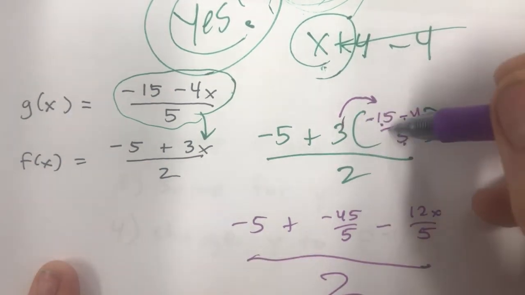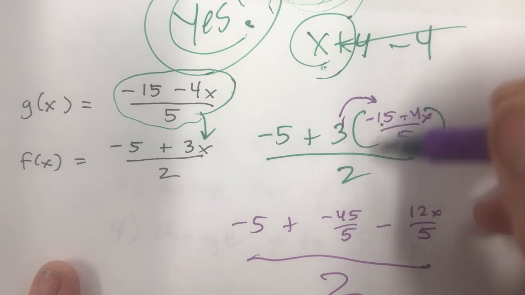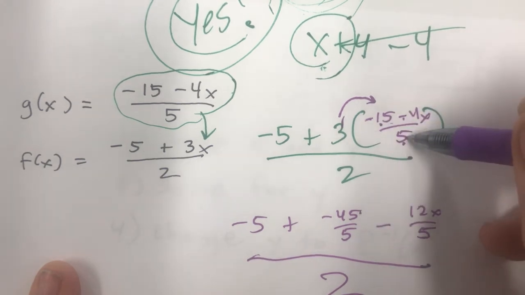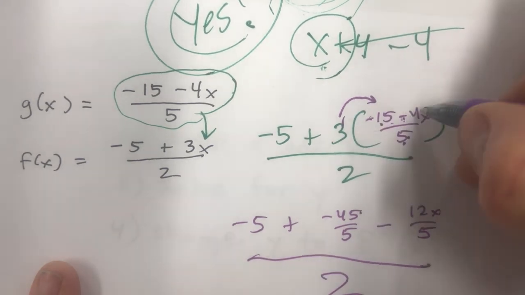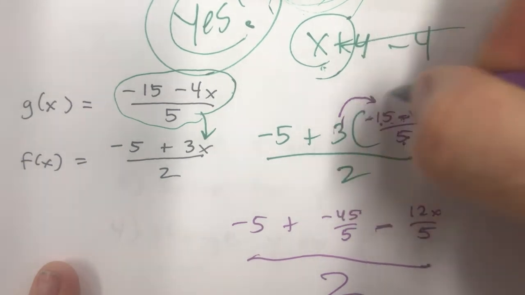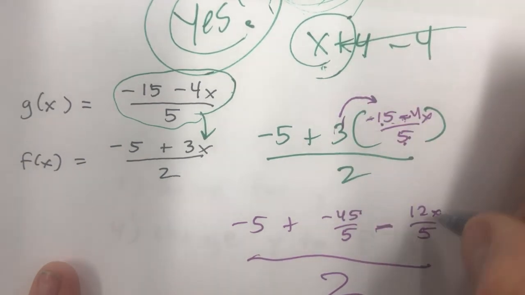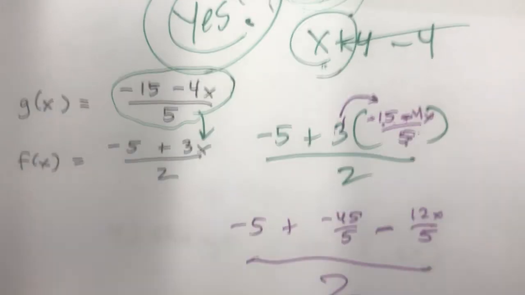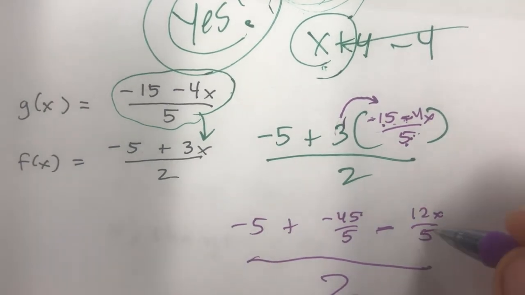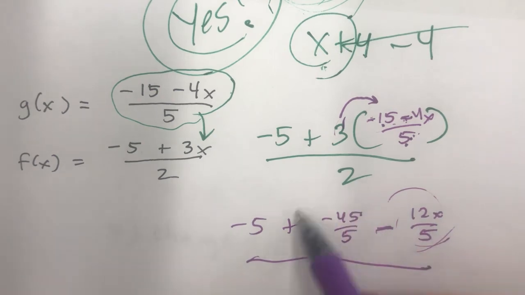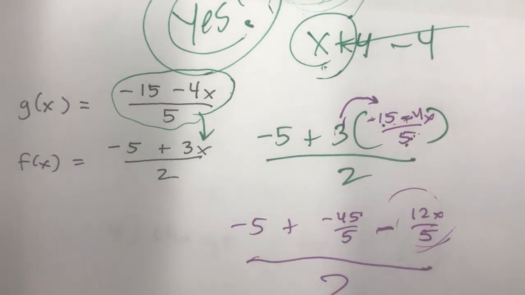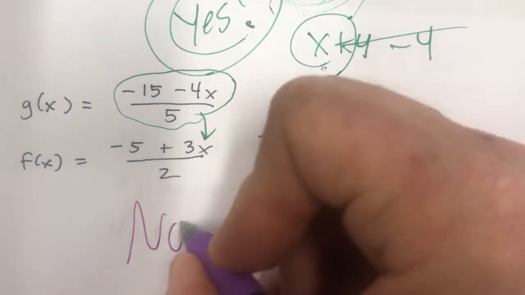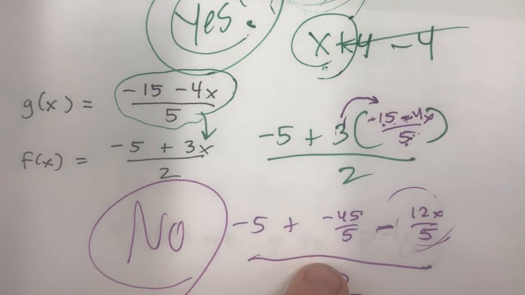So I did 3 times negative 15, which is negative 45 over this 5. And then I got a minus right here. I do 3 times 4x, which is 12x over the 5. Okay. And I can already tell this is not going to work out here because I'm not going to have any way for it to simplify down to just x. So this is going to be a big no. I just quit right there, no.